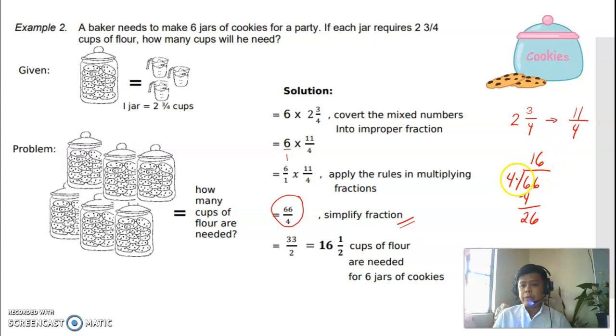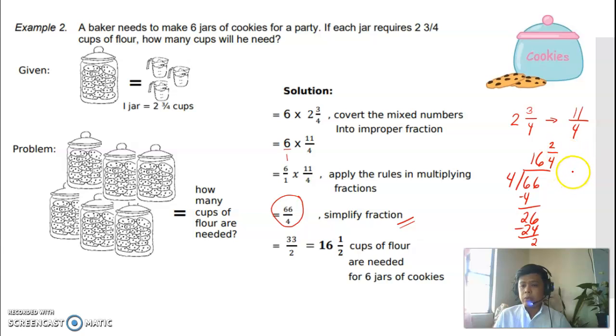Okay, so 6 times 4, 6, 12, 18, 24. So, you have 2. And then, ang ating remainder will become the numerator. And then, yung 4 na divisor natin, magiging denominator. So, 16 and 2/4.